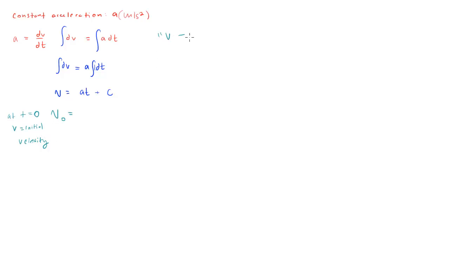It's a British notation, but it's easier to say than v sub 0, so I like it. v naught equals a times 0 plus c. And then it follows that v naught is c, and so then we transform this equation into v of t equals at plus v naught, since c is the initial velocity. And it makes enough sense.